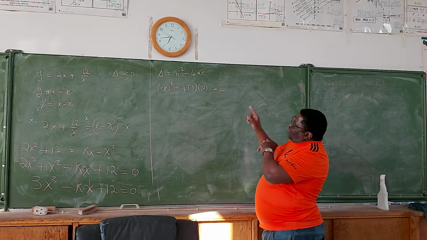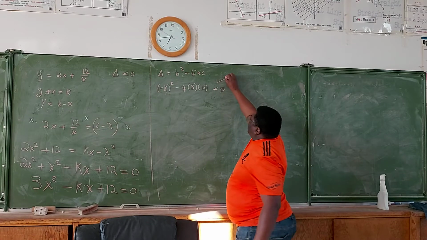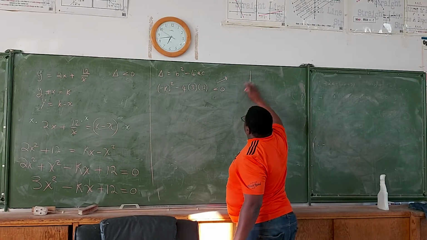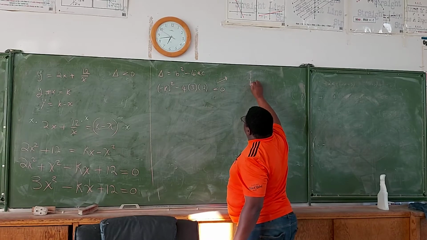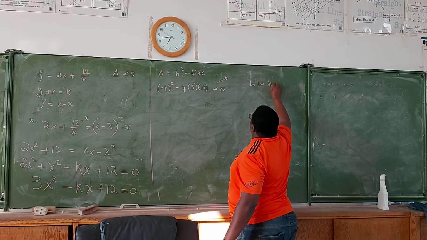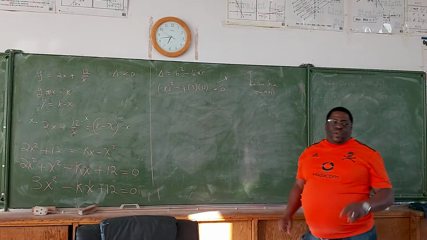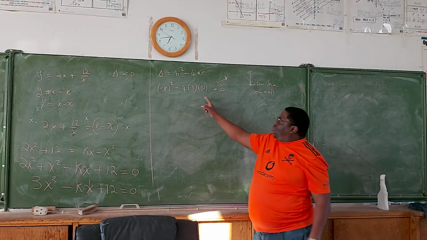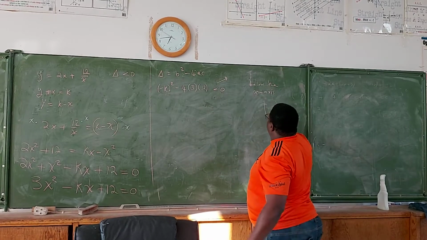So I'm not going to let it equal 0, but less than 0 now. I know what I'm expecting. Because it's less than, I am looking for answers that are below the x-axis. And looking at how this function is going to be, it's going to be something like this.